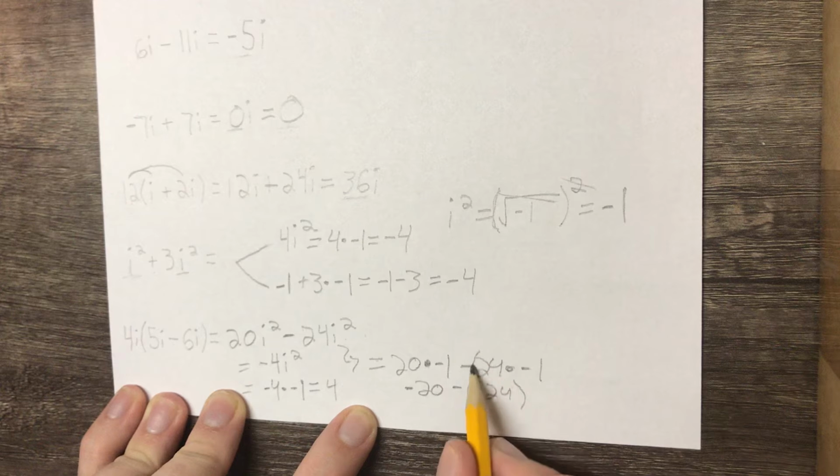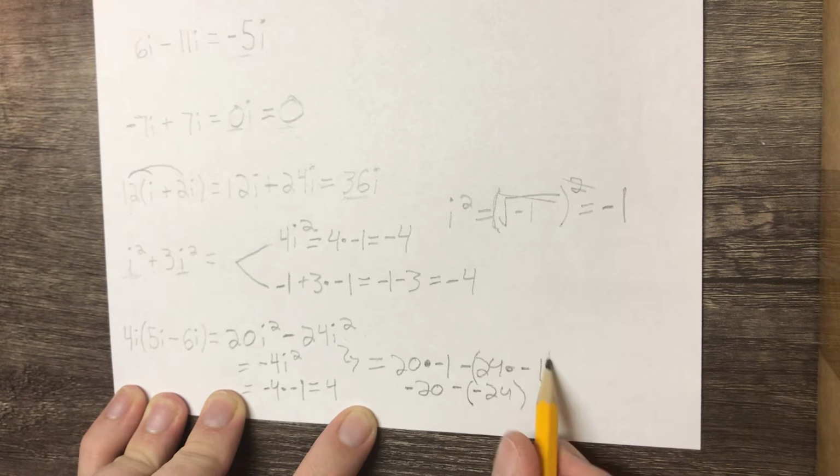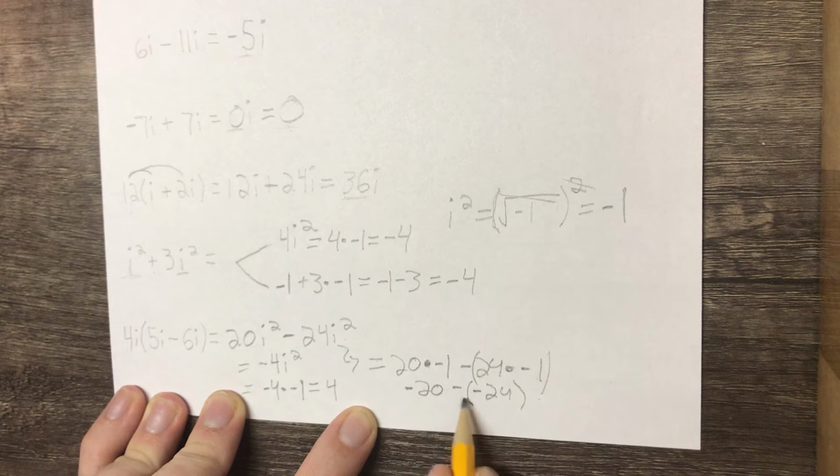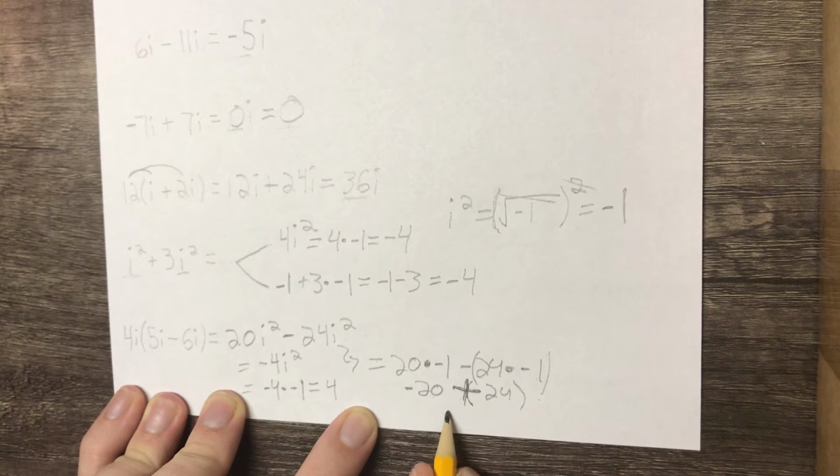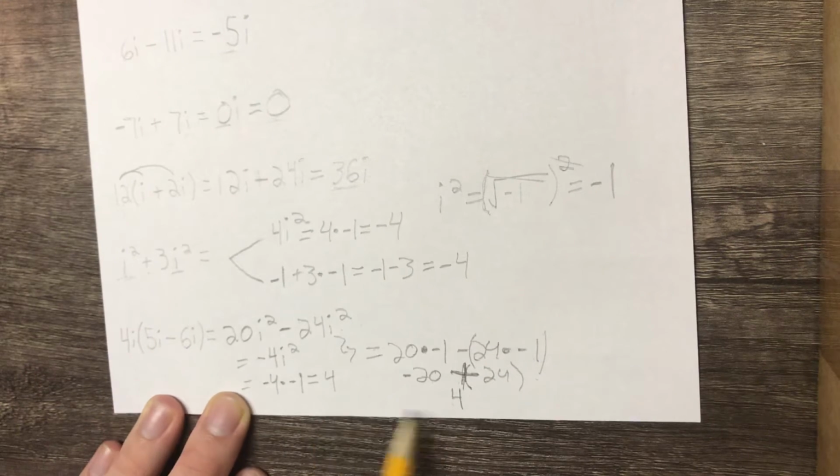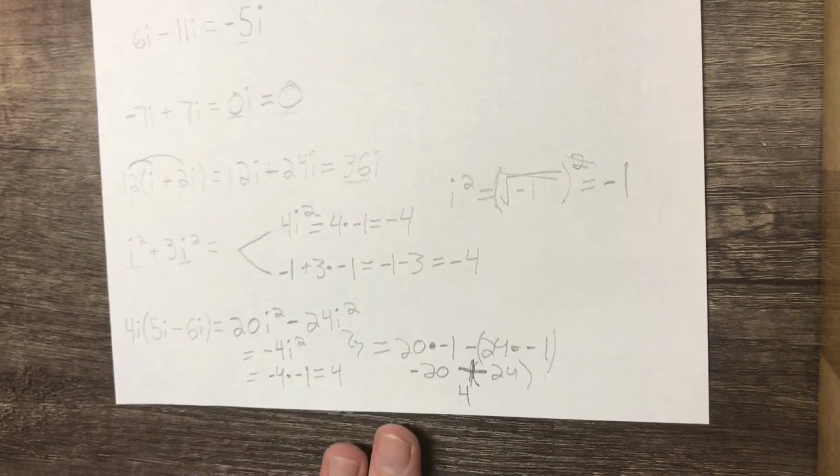Because we're still in this parentheses here, which is actually plus 24. So you would once again get -20 plus 24, and you'd get 4 as your answer. So either way, you're going to get the answer, but there's just two different ways you could look at using i squared.